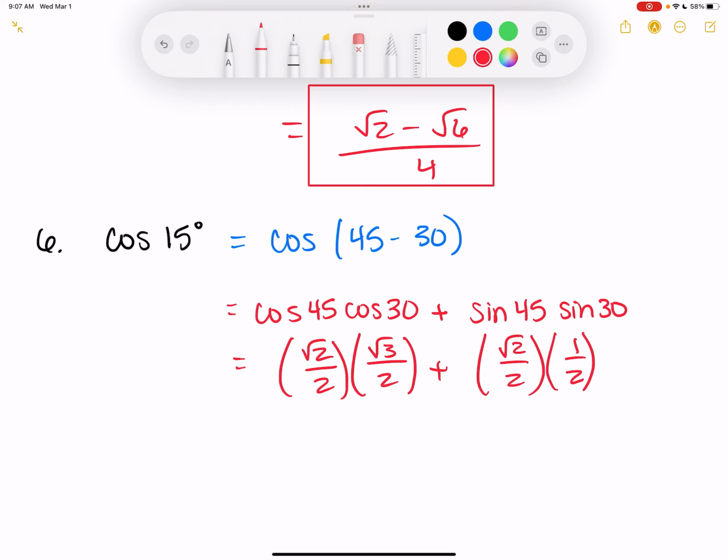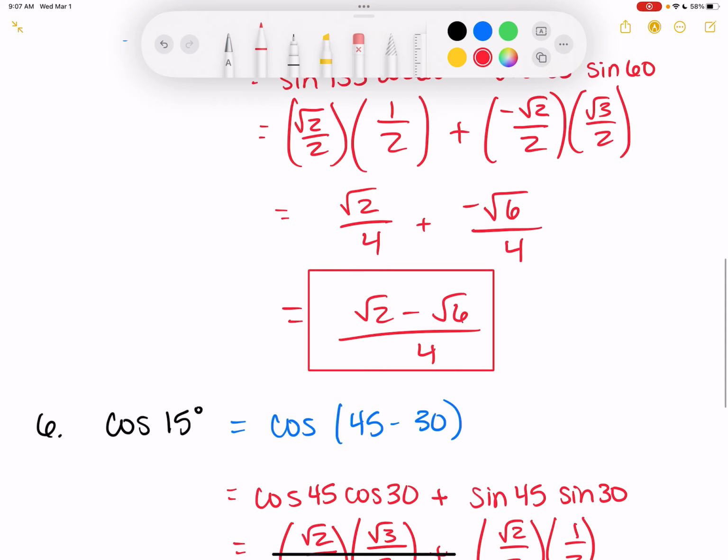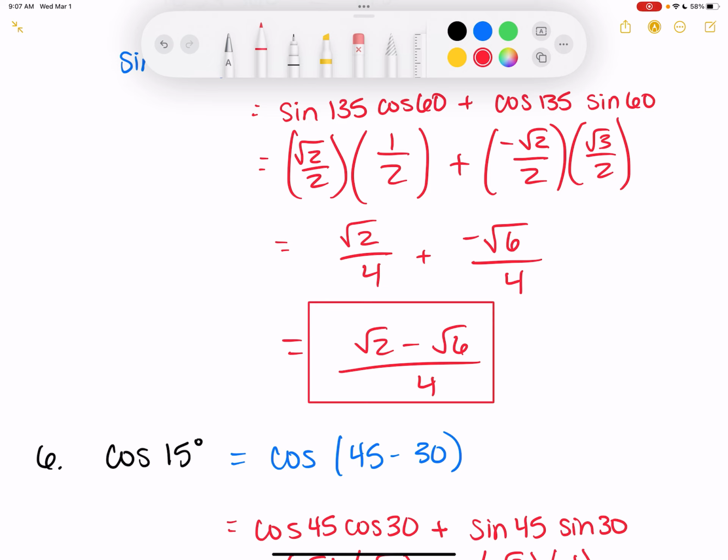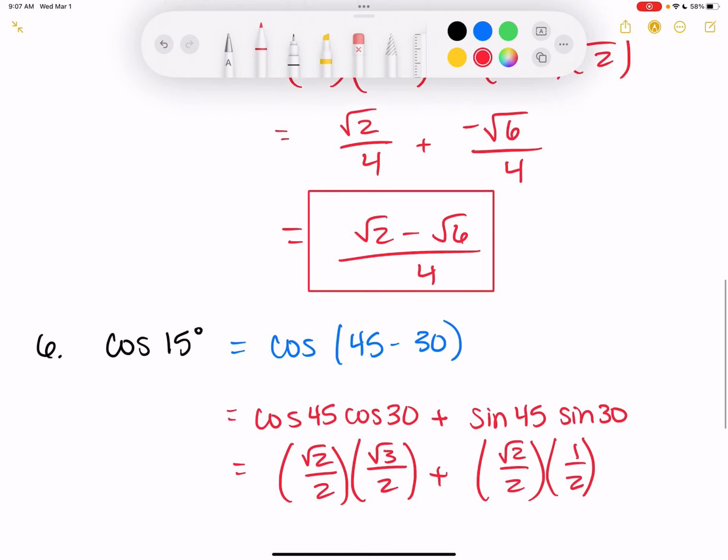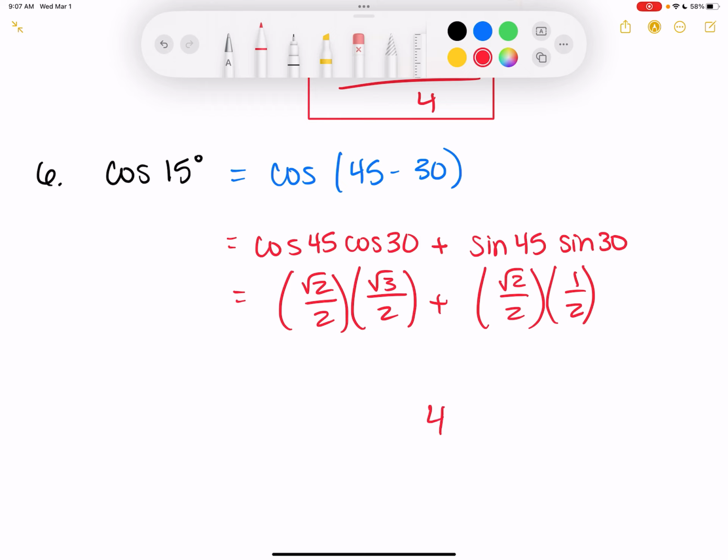So then, I specifically did it in two steps in the previous problem. If you wanted to go straight from here to here, that is completely fine because all you're doing is getting a common denominator. Assuming there is a common denominator, which there should be, then this is going to be all over 4, and then you just do the top part.